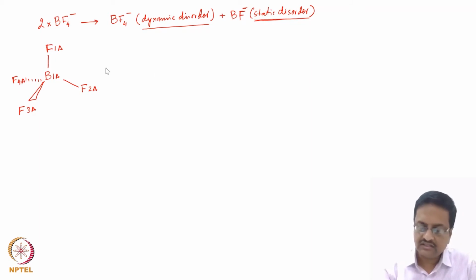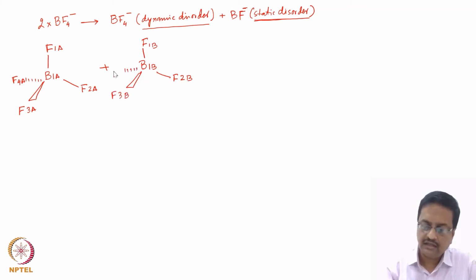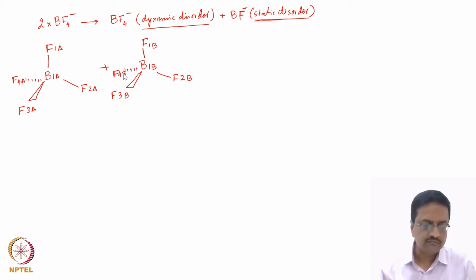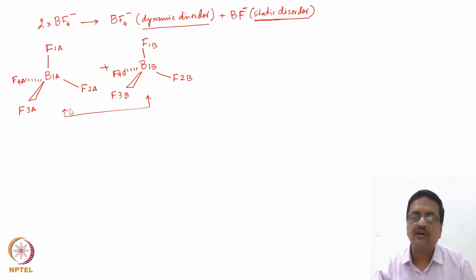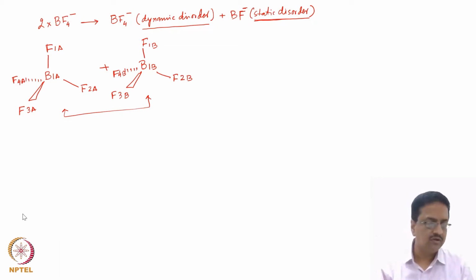And another location is this one, B1B, F1B, F2B, F3B, and F4B. So these are two distinct coordinates of all the 5 atoms that are associated with this anion.